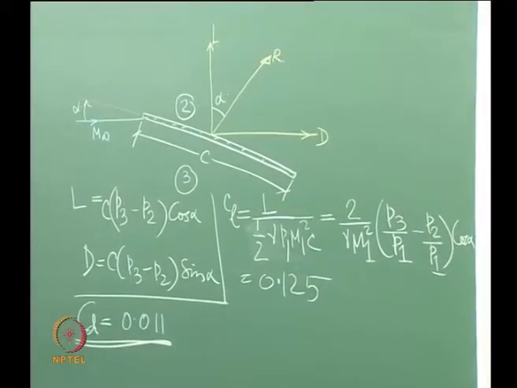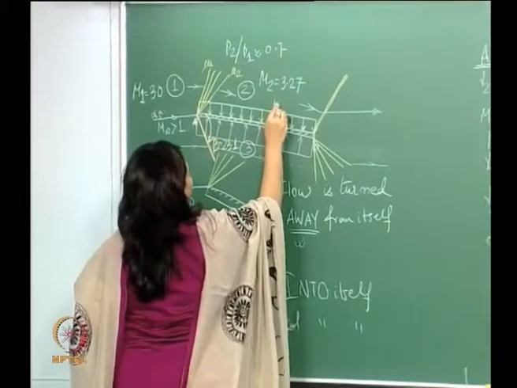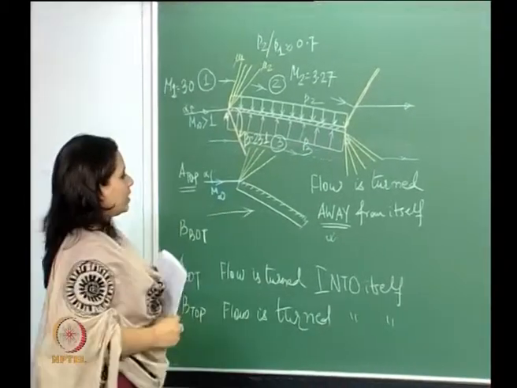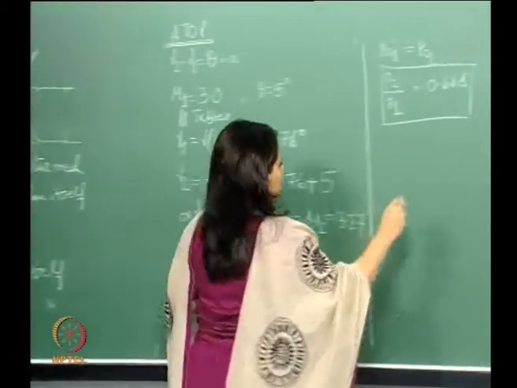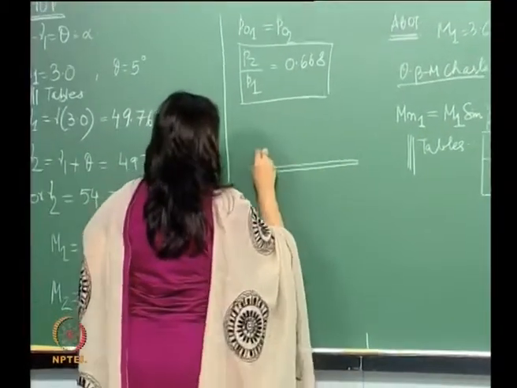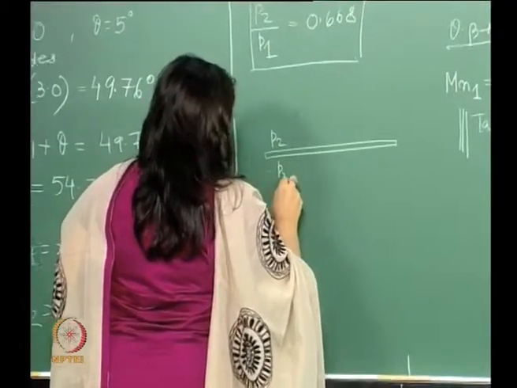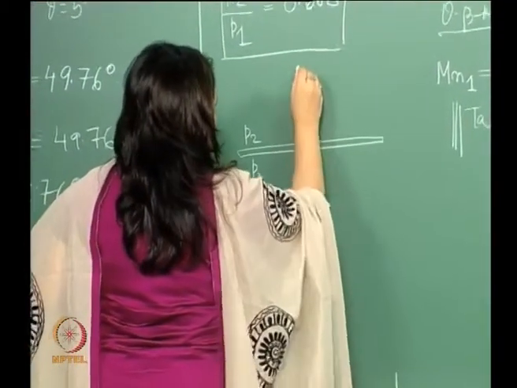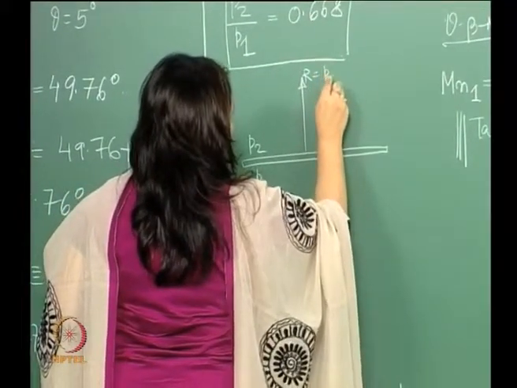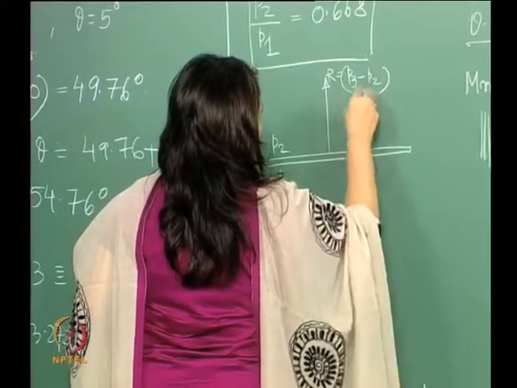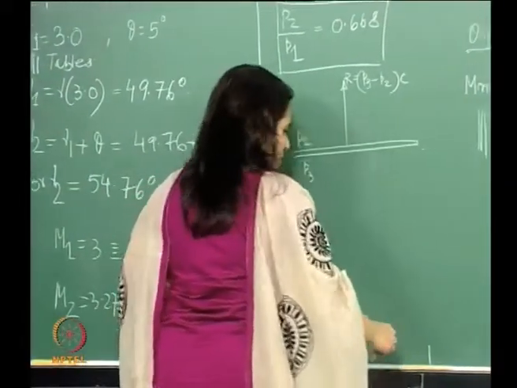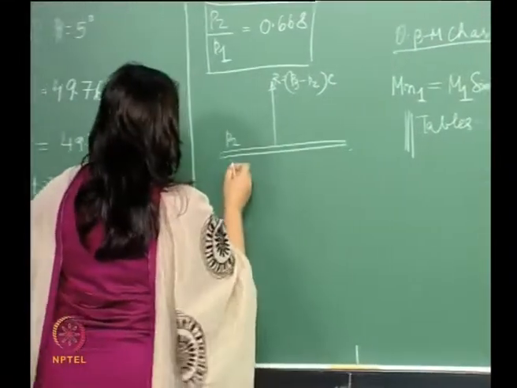So, essentially, if this was our pressure P 2, this was our pressure P 3, okay. So, if I had pressure P 2 and P 3 here, my entire resultant force would be P 3 minus P 2 into C, which is this distance. Now, what I do is I incline this.